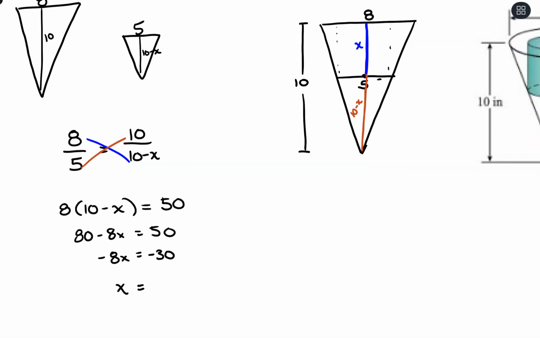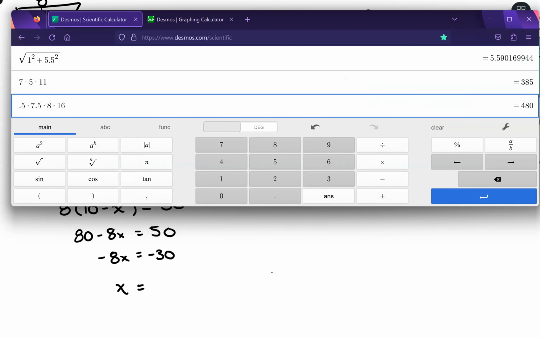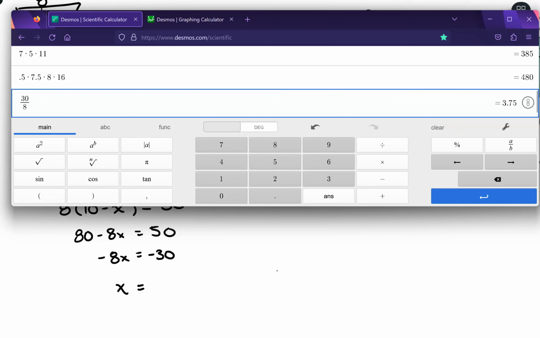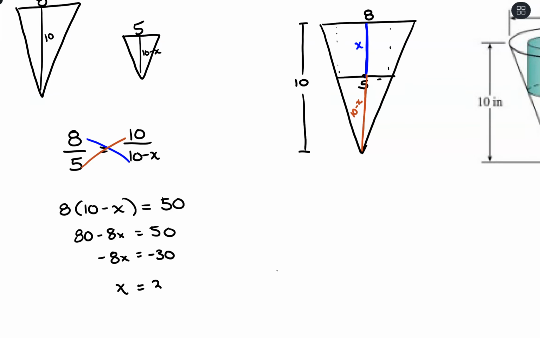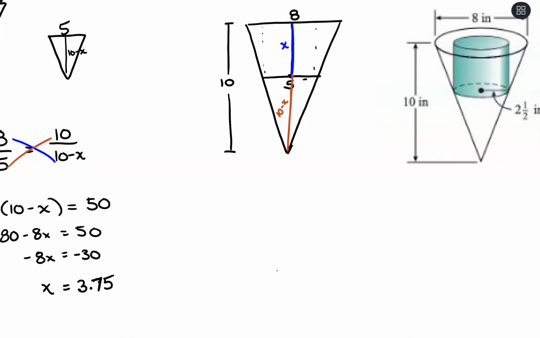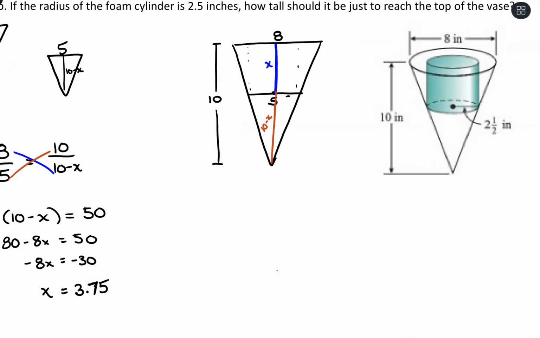Divide by negative 8. And let's just get a decimal out here. So 30 divided by 8 for 3.75. So 3.75 is going to be our distance right there.